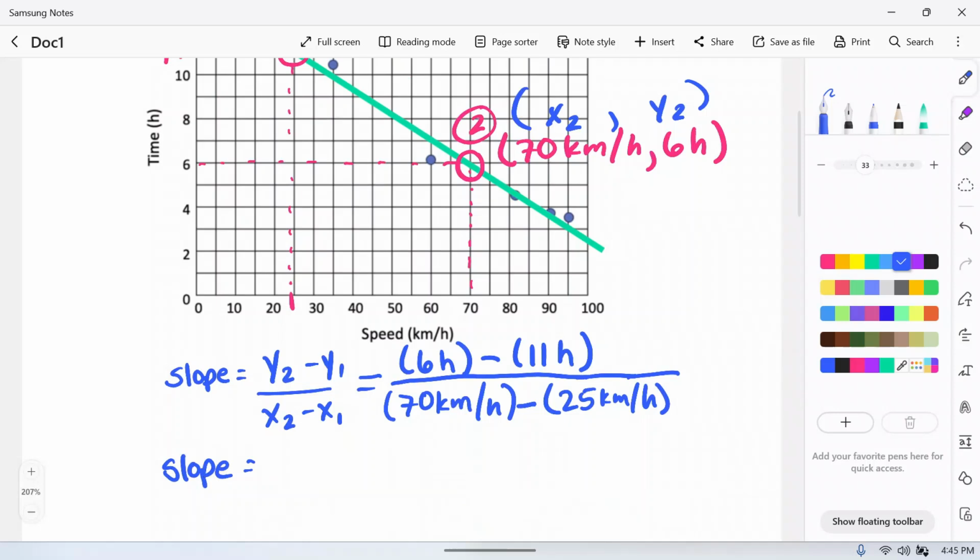And when I plug that into the calculator, I'm going to do this actually in my calculator now so I can look at my rounding and so forth. I think the calculator gives me, when I plug in, I'm going to do on top 6 minus 11. I'm going to divide by 70 minus 25.